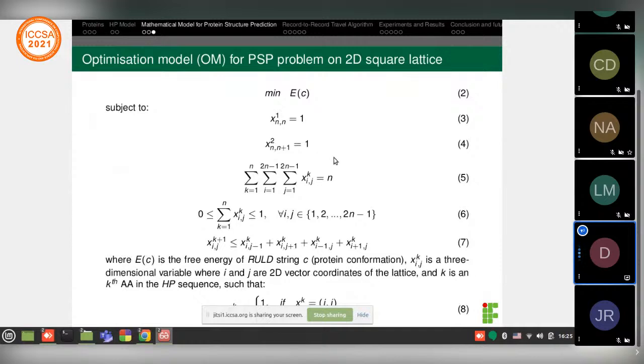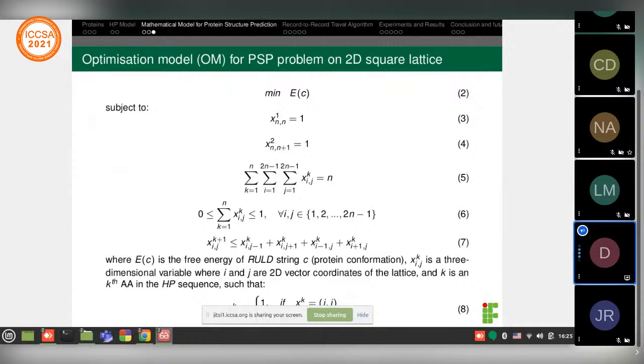This direction constraint reduces the combinatorial space by 4 times. Next, equations 5, 6, and 7 constrain that the walk in the grid occupies exactly n nodes. Each lattice node cannot contain more than 1 amino acid, and 2 sequence-neighbor amino acids occupy adjacent nodes in the lattice.